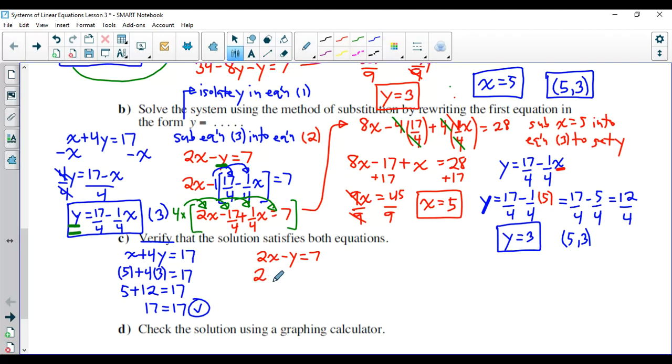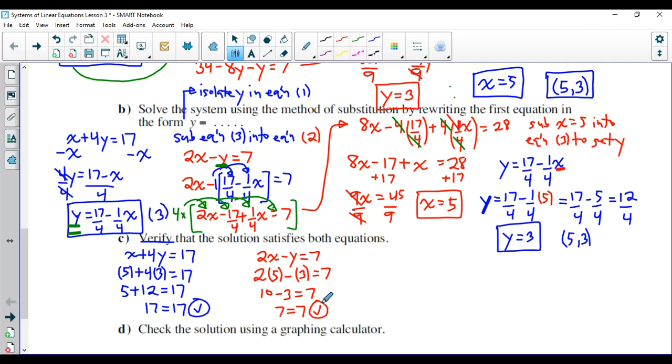So this would be 2 times the value of x, which is 5, minus y, which is 3, equals 7. 2 times 5 is 10, minus 3 equals 7. 10 minus 3 is 7, therefore we have 7 is equal to 7. So that equation is also verified. And that's how you know if you solved the system correctly.